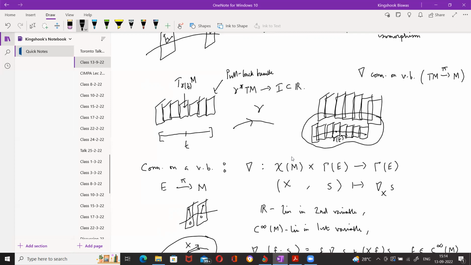Covariant derivative along curves is just the pullback connection along the pullback bundle. Maybe I should write this.